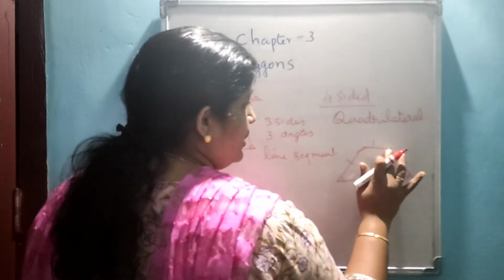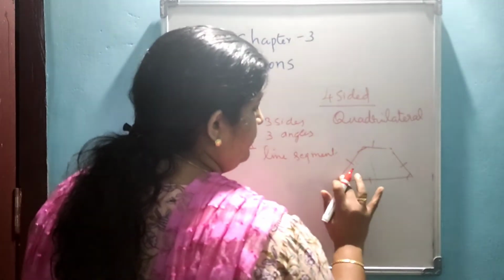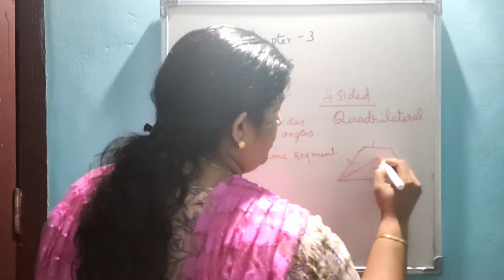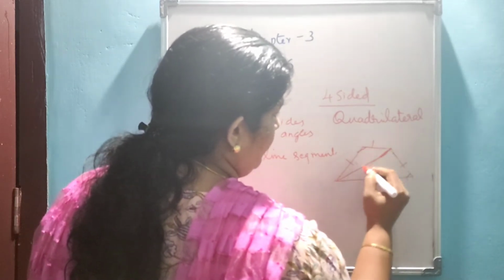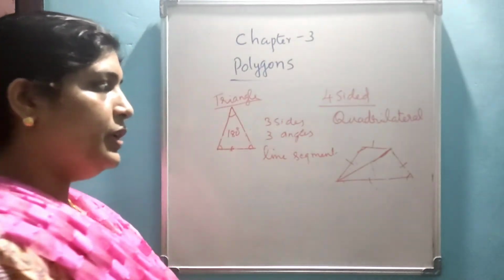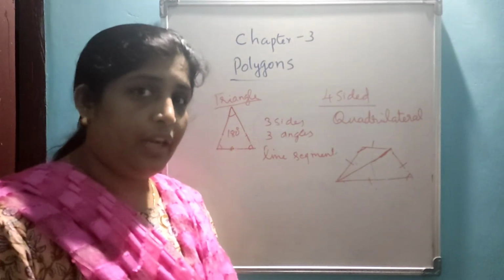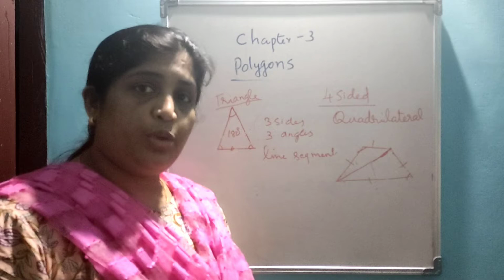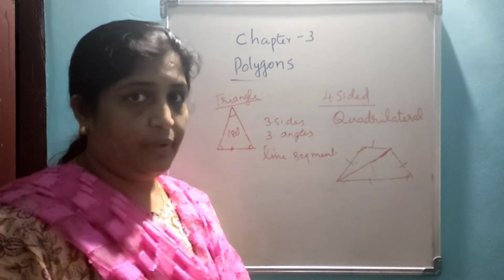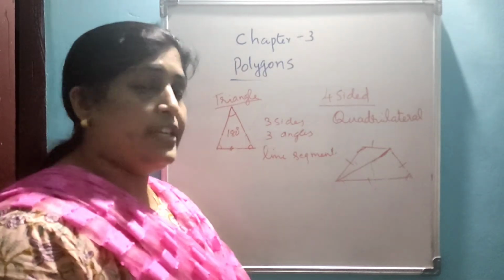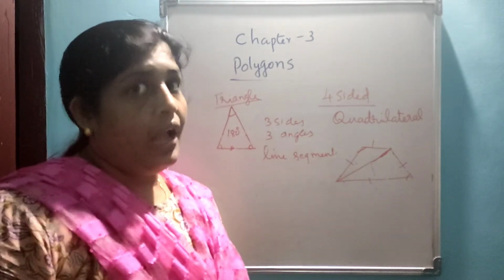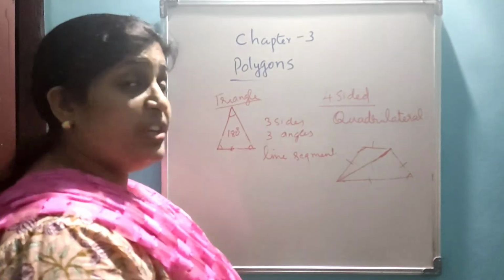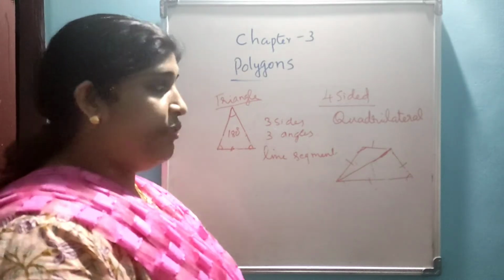And see here, if we join the alternate vertices of a quadrilateral, it is divided into 2 triangles.